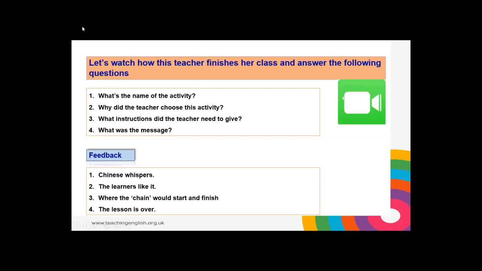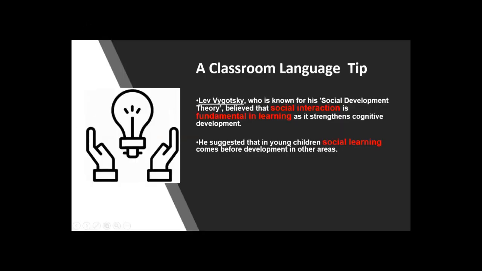Okay, so thank you. Our tips here: the very important thing to remember is social interaction. Interaction is fundamental in learning. When we make social learning, or we love our students and try to be interactive with them, it strengthens cognitive development.